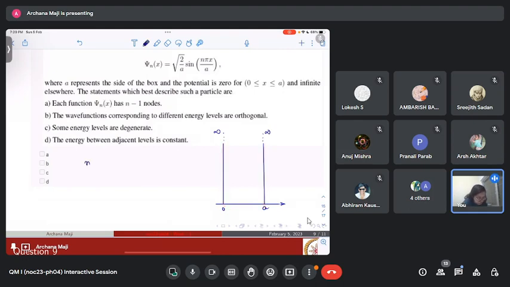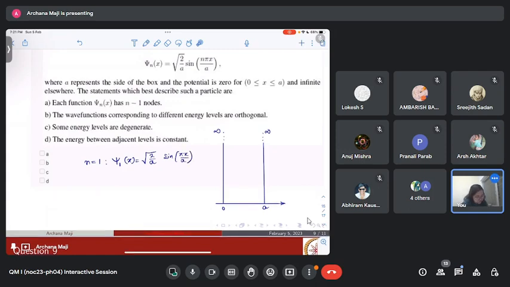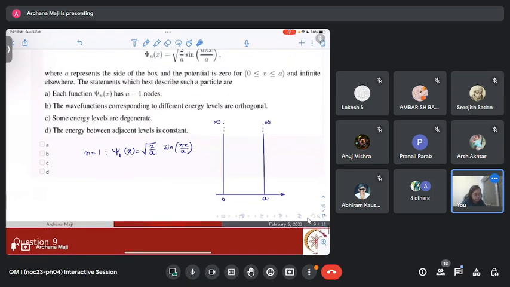For n equal to 1, we get the ground state wave function. So what is the ground state wave function? Psi_1 of x is equal to square root of 2 by A sin(pi x over A). At x equal to 0 it's 0, and also at x equal to A it's 0. It has to be, because that is how we solved it. But between 0 and A, it will never be 0. Do you agree?